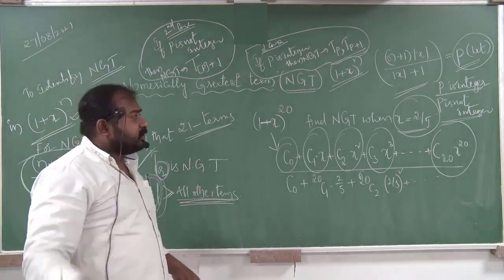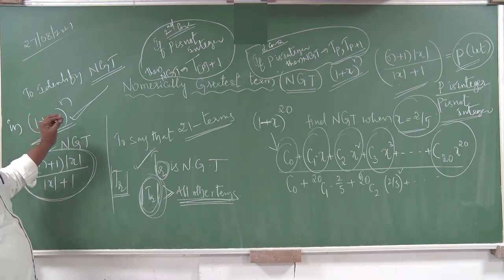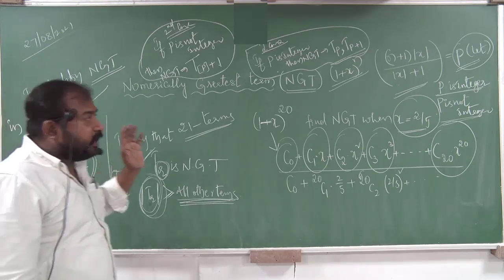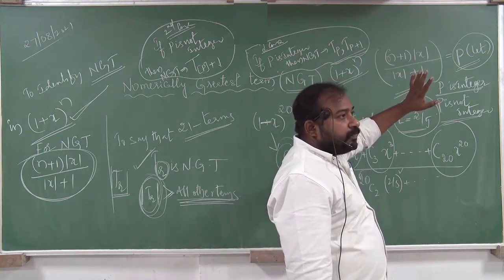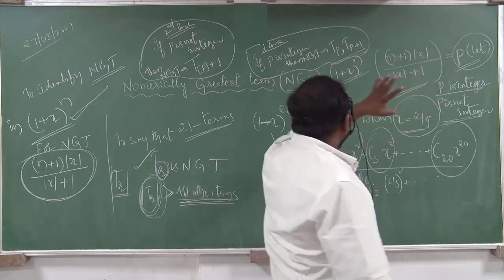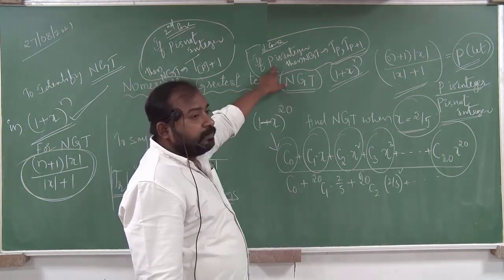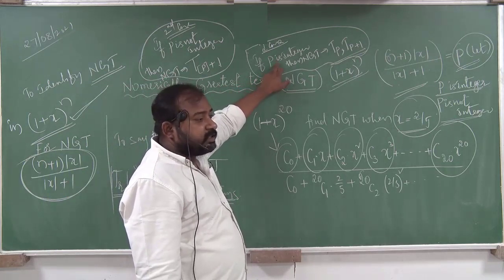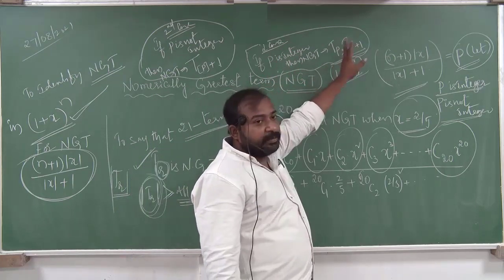Just an overall brief introduction. The expansion should be in the form (1 + x)^n. To find the numerically greatest term, first calculate (n + 1) times |x| by (|x| + 1), and assume this value is p. Then there are two cases: p is an integral value or non-integral. If it is integral, there exist two numerically greatest terms, given by Tp, Tp+1.